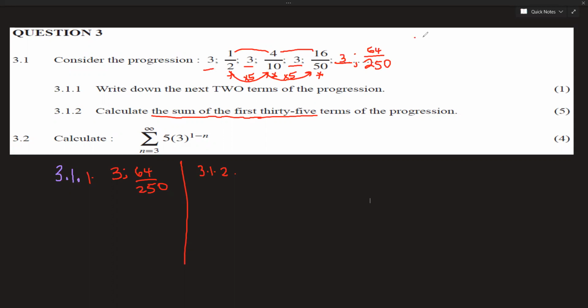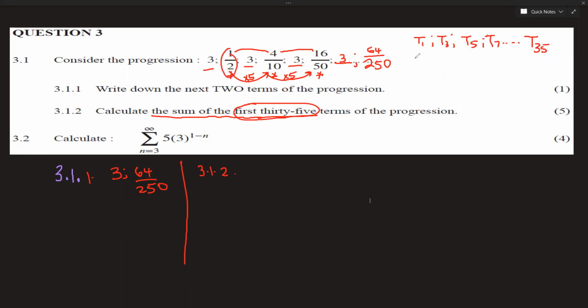By odd position, I mean term 1, term 3, because term 3 is 3, and term 5, then term 7, and so on. They say 35 terms. 35 is an odd number, which means term number 35 will also be occupied by a 3. And then the even positions are occupied by this pattern here.